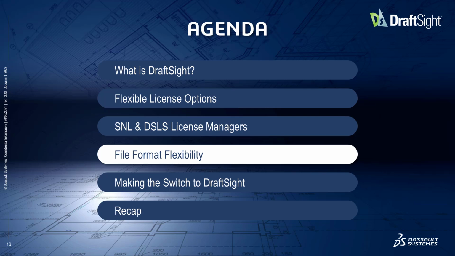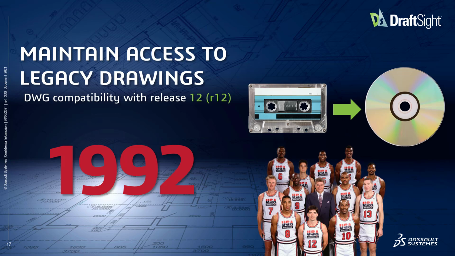Staying on the topic of flexibility, but shifting gears a little bit, I'm going to talk about some of the file format flexibility advantages of DraftSight really quick. We're going to talk about legacy data as well as the different file formats you can import and export using DraftSight. So first, you're not going to have any issue utilizing legacy DWG files.